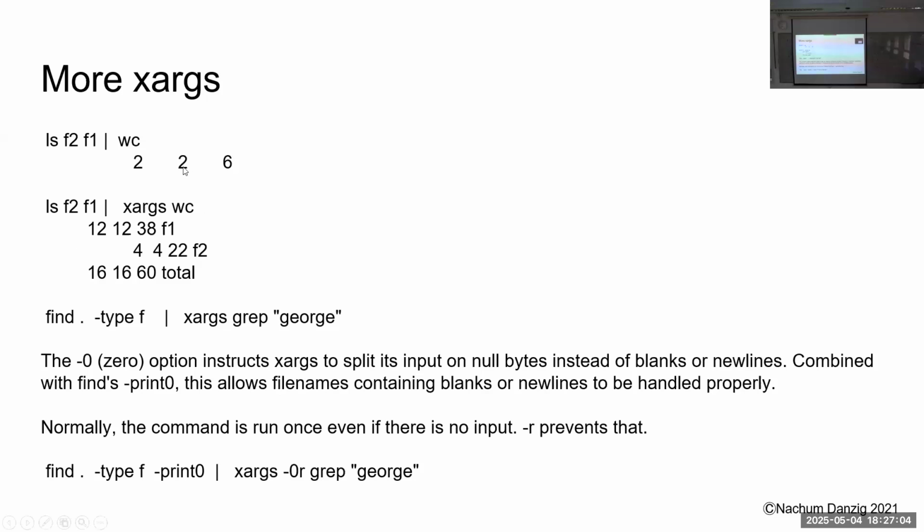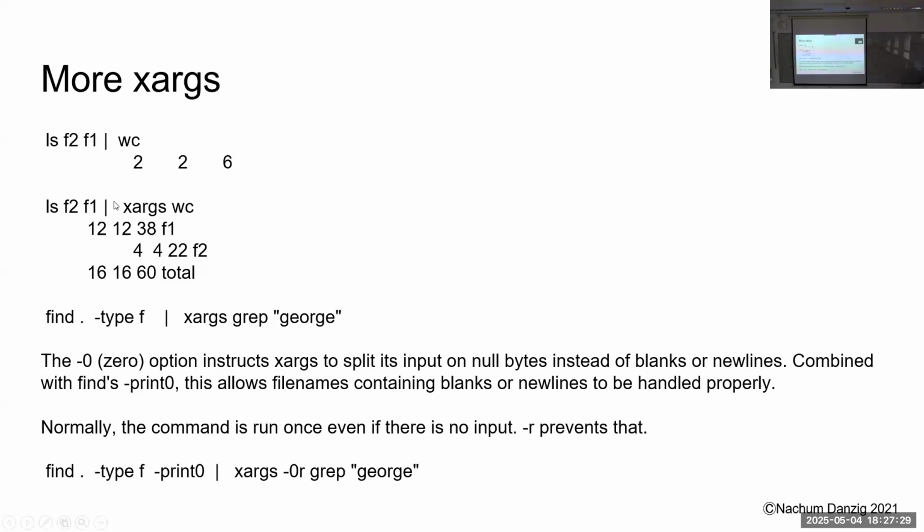And 2 words, because each line had 1 word on it. And 6 characters, because at the end of each line there's a newline, a \n. So it's 3 characters on each line, 6 in total. It didn't do wc on the files, it did wc on this string that it got. It didn't know what that stream means.